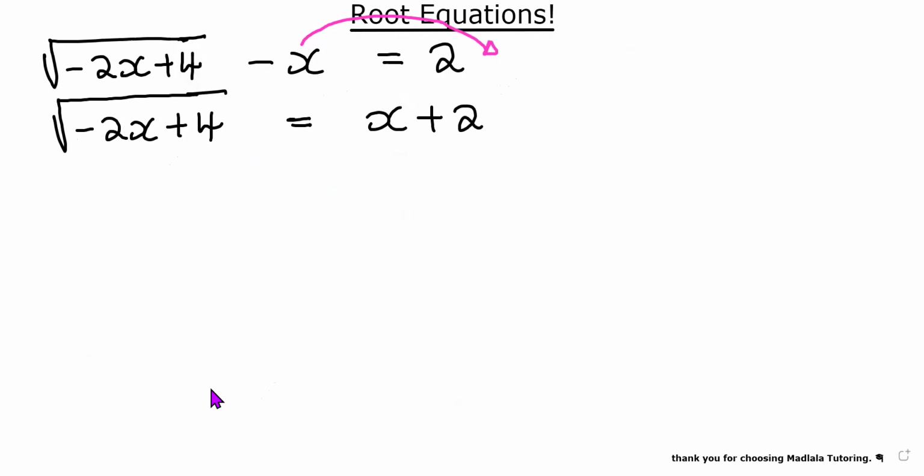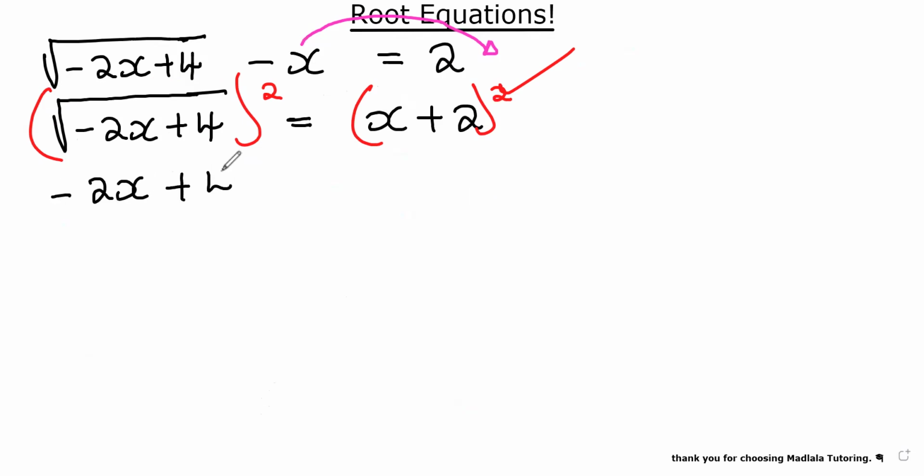So now it's time for us to square on both sides. Well, this is what we are simply going to have. So now the square root and the square will cancel out. On the right-hand side, we have x plus 2, which is repeated twice. And we know that we have to use the FOIL method.